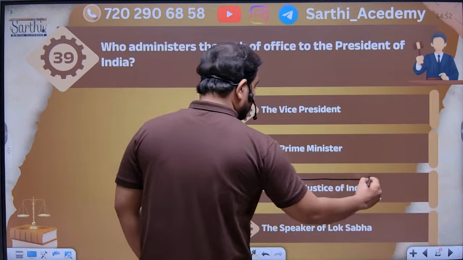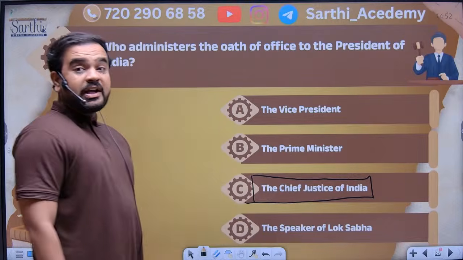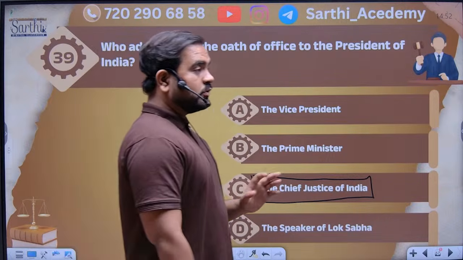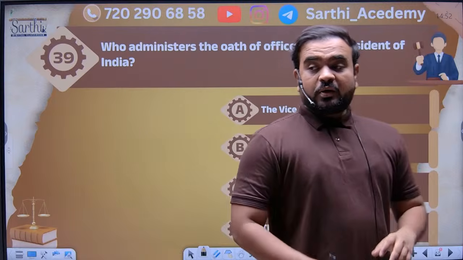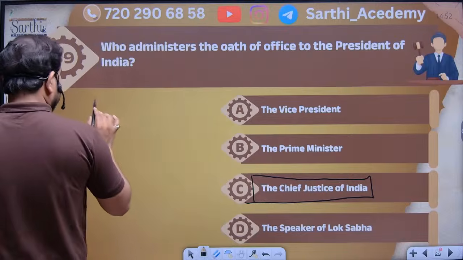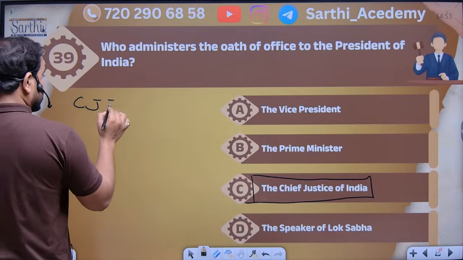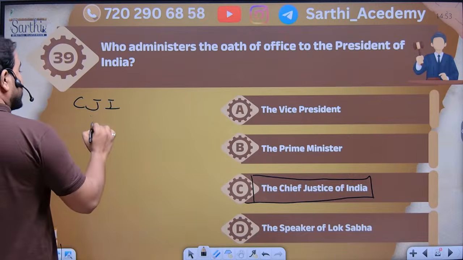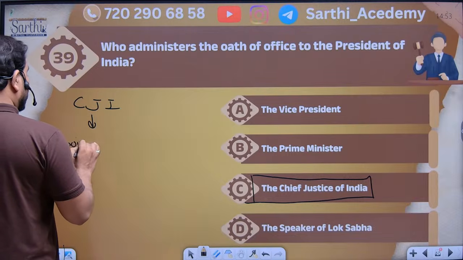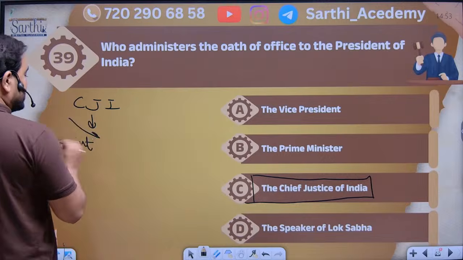Remember, Chief Justice of India only has power to conduct oath onto the president of India. Suppose Chief Justice of India is not available, he can appoint any person for conducting oath onto the president of India.